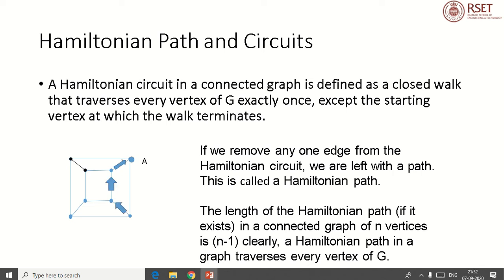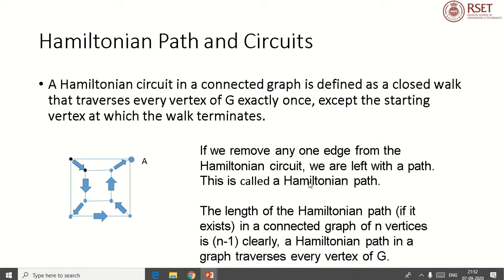If we remove any one of the edges from the Hamiltonian circuit, suppose we remove this edge. In that case, if we start from this vertex, we can traverse all the vertices of the graph exactly once, as shown in the figure, and reach A. Here the starting vertex and ending vertex are different.